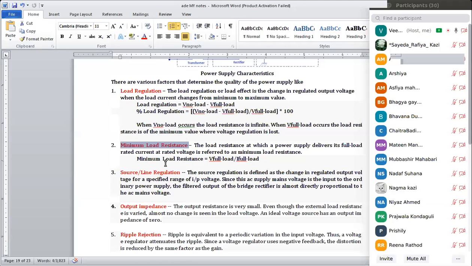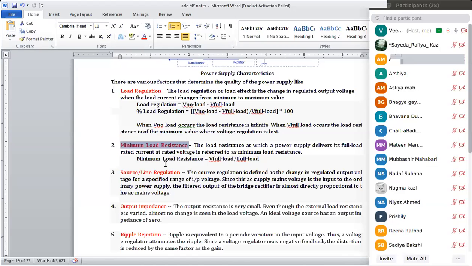Suppose I want 5 volts output. 230 V AC is my input and 5 V DC is the output. Now this output is going to change from 0 to 5 volts.